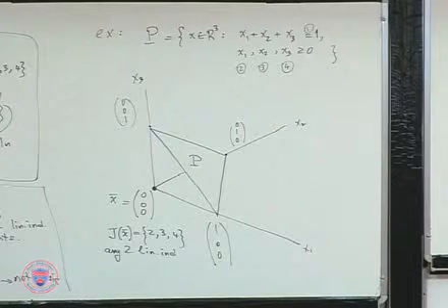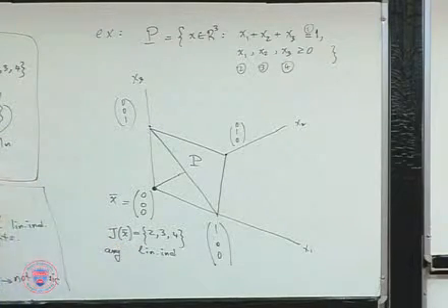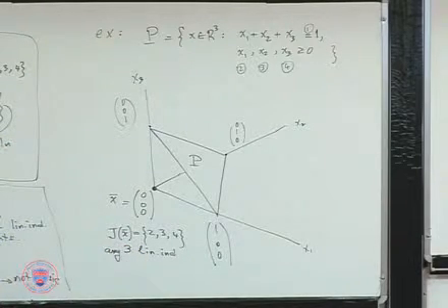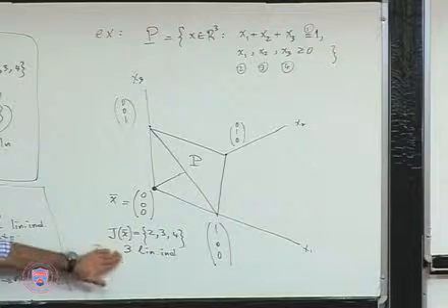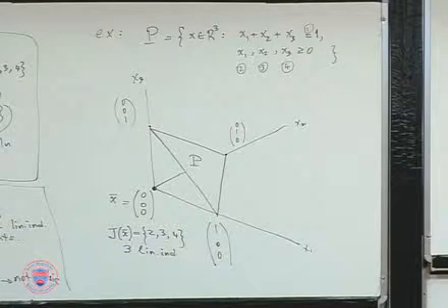Any three, sorry, you're right. We're in 3 dimensions. For a moment, I went back to the other one. There's only one set of 3, so the 3 of them are linearly independent.